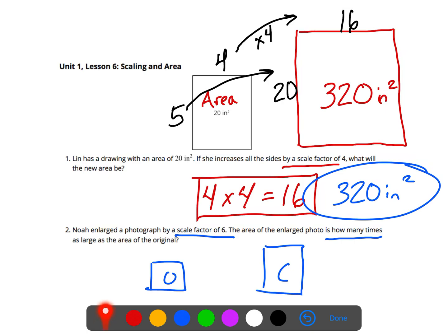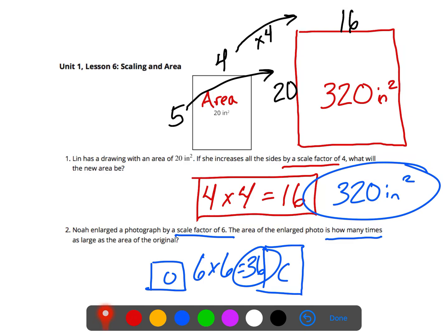So you might jump to saying, oh, well, the area is 6 times greater. But remember, that's not true. For area, which doesn't fit that scale factor pattern, it's actually scale factor times the scale factor. So 6 times 6 is how the area of these two figures changes. So 36 times greater.